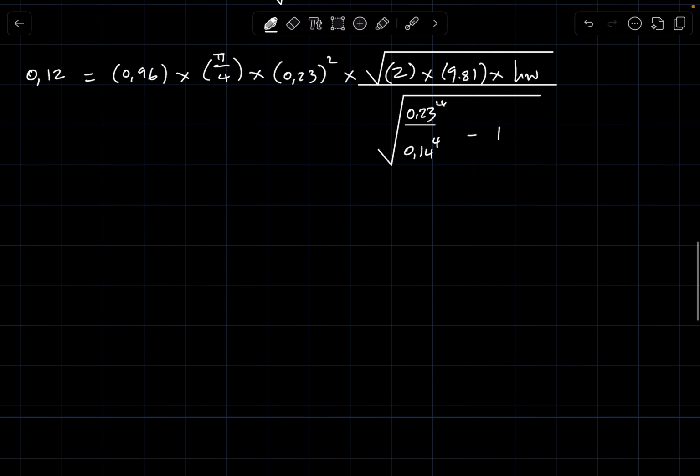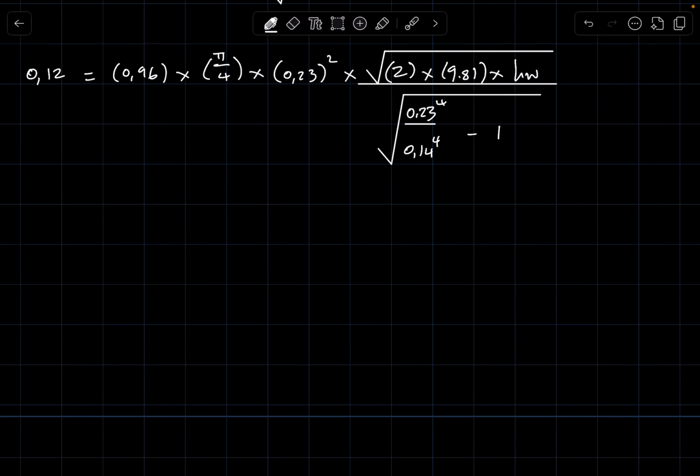It's just a matter of how you understand your math. So here, your 0.12 is equal to, now if you punch all this in your calculators, we get 0.0399.